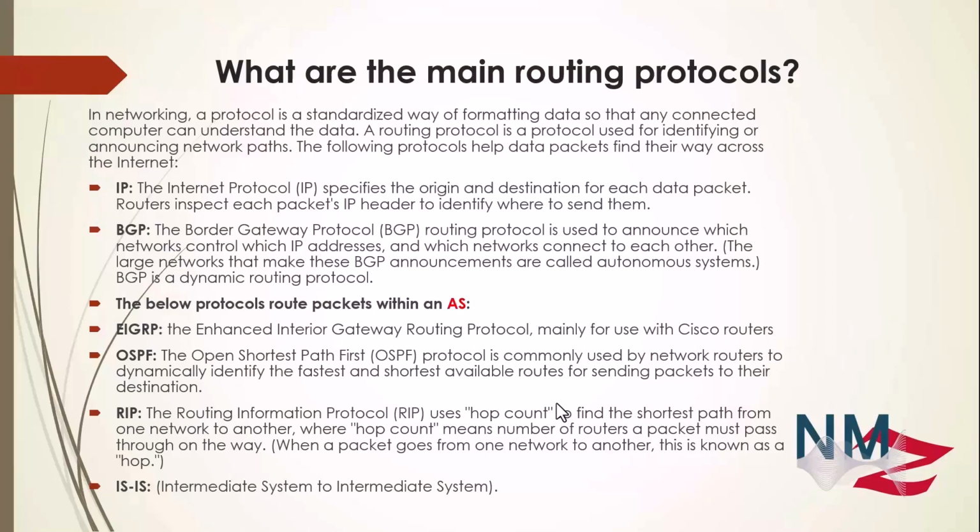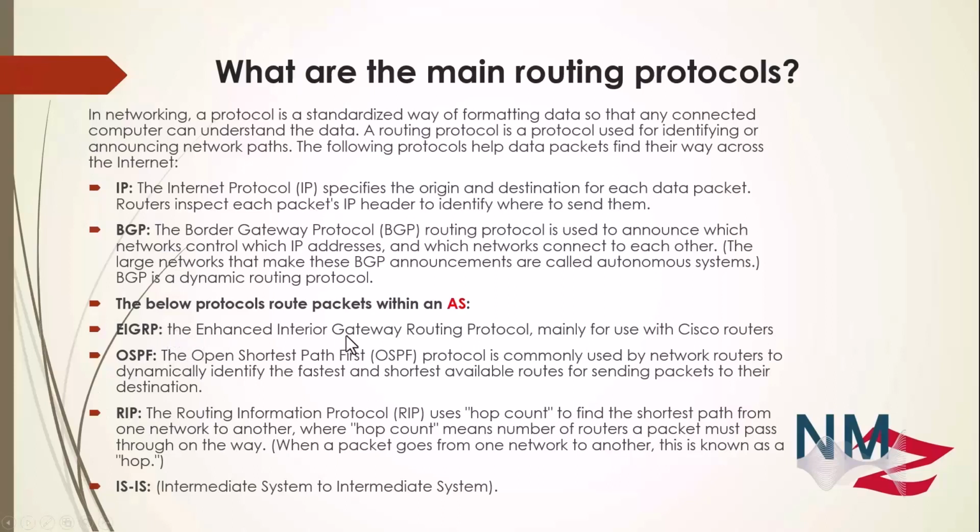And the other protocols work inside the autonomous system. Inside the autonomous system means that when you configure EIGRP, for example, the Enhanced Interior Gateway Routing Protocol, it's a Cisco protocol. You can only see this protocol inside Cisco devices.